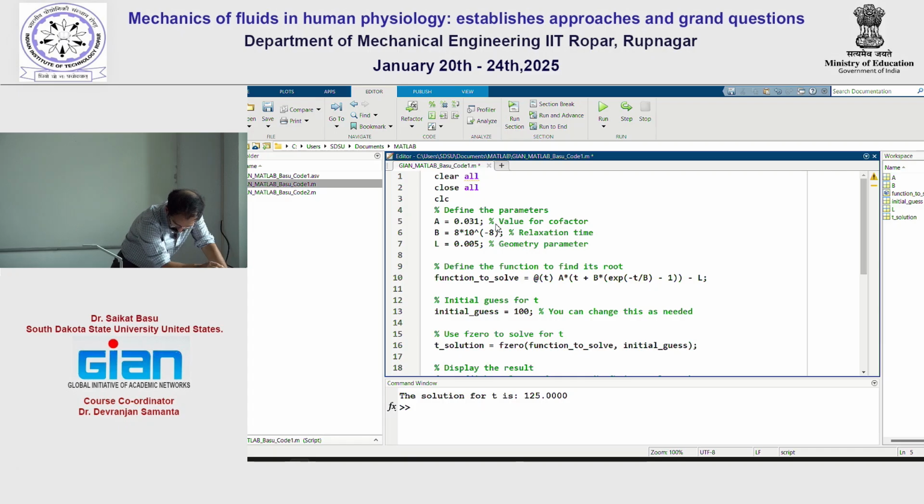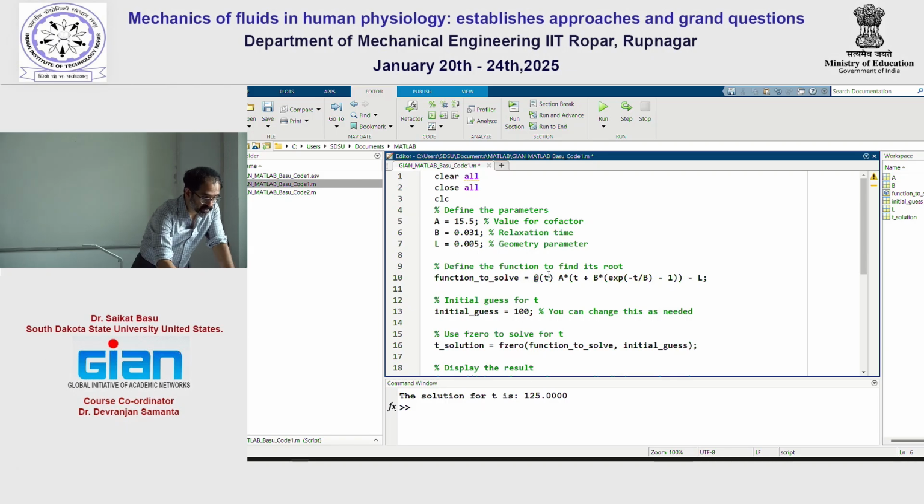So that is, how much should A be for this one? You can look at your notes. 15.5. Tell me how much B should be for this one, which is tau 0.031, and the L is still same.